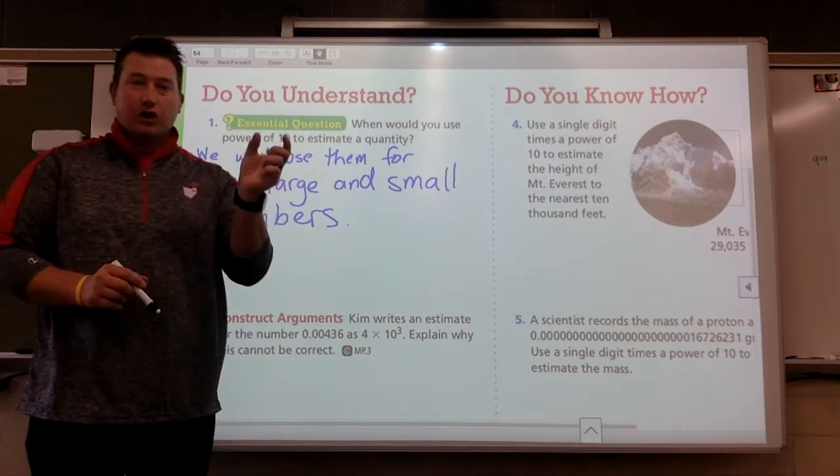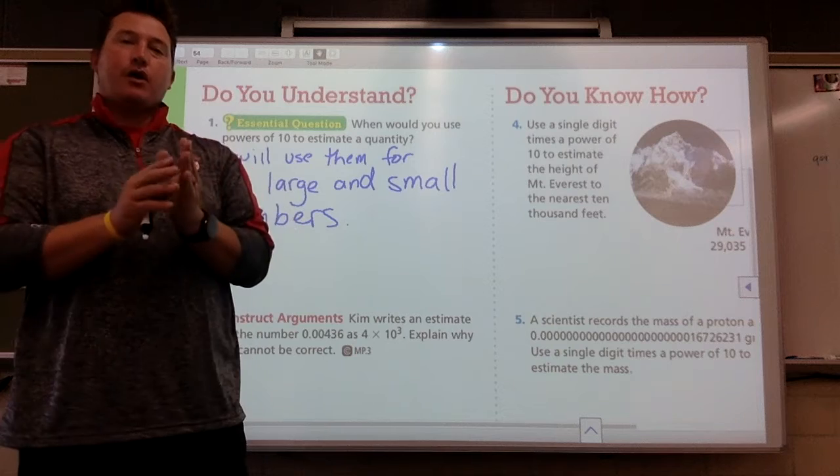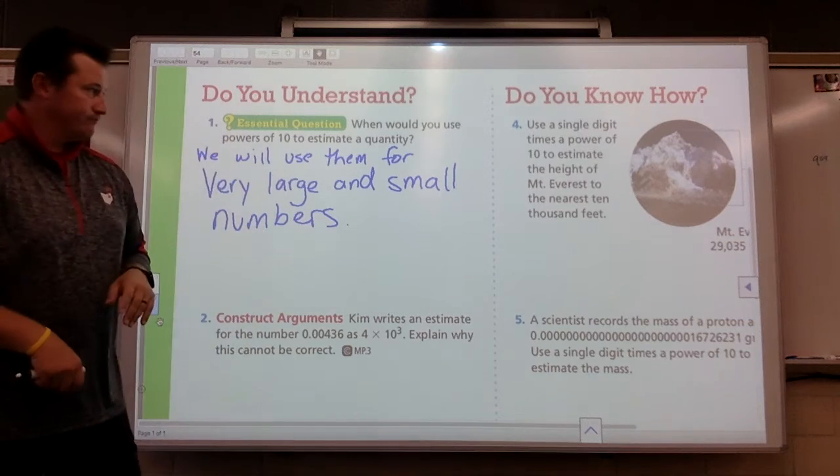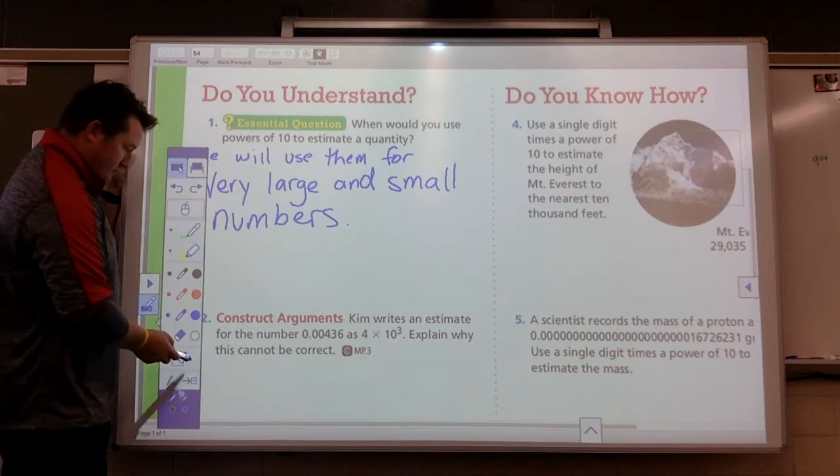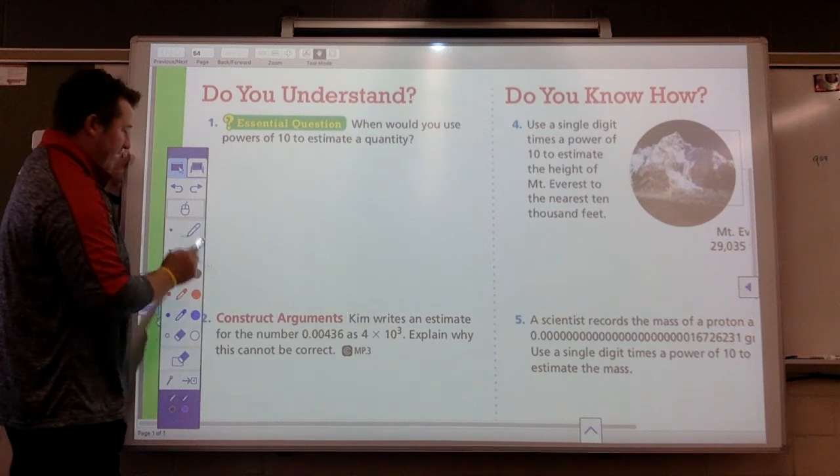So large number, positive power. Small number, negative power. Cool?